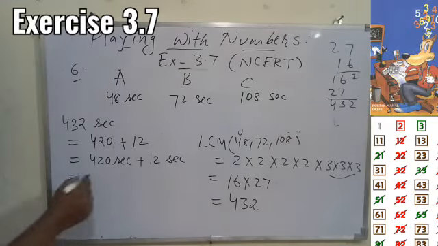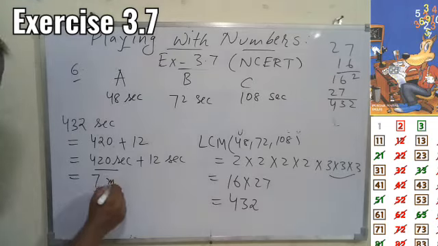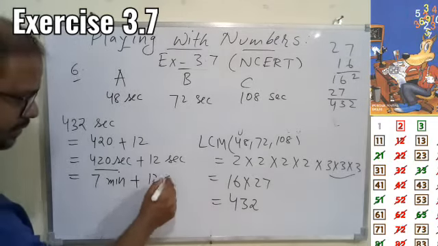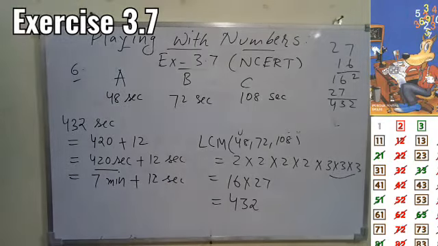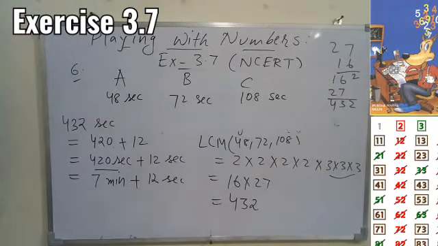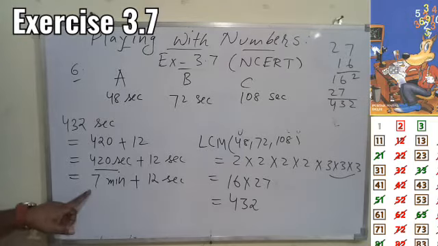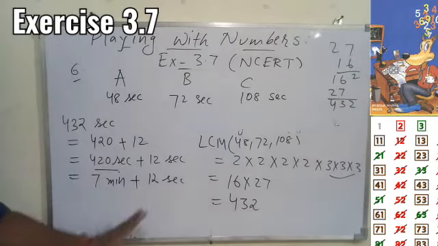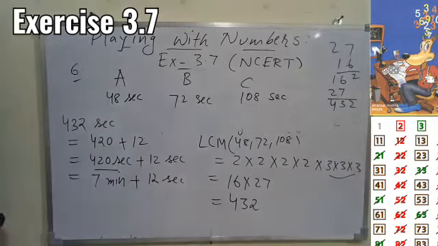Now 420 seconds is nothing but 7 minutes, plus 12 seconds. So overall we can say after 7 am, after 7 minutes and 12 seconds, they will change the signal again.